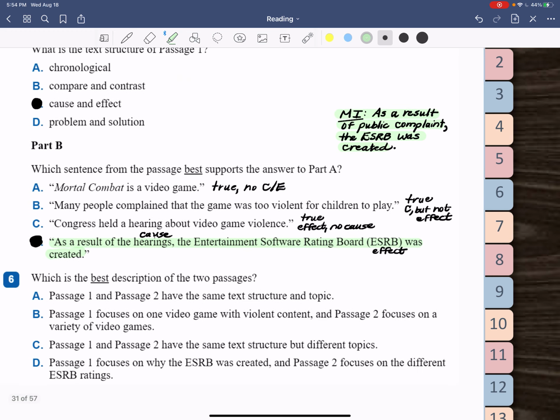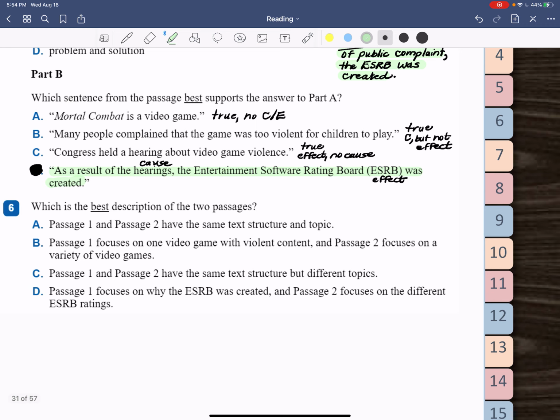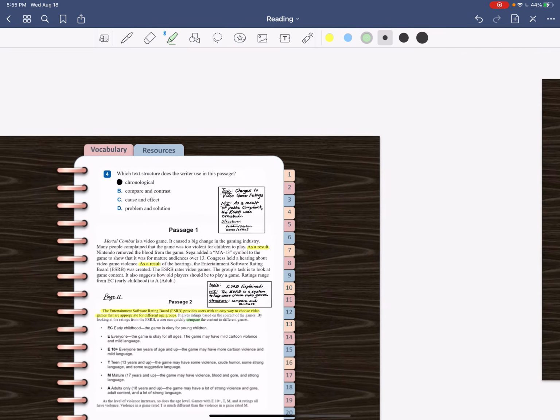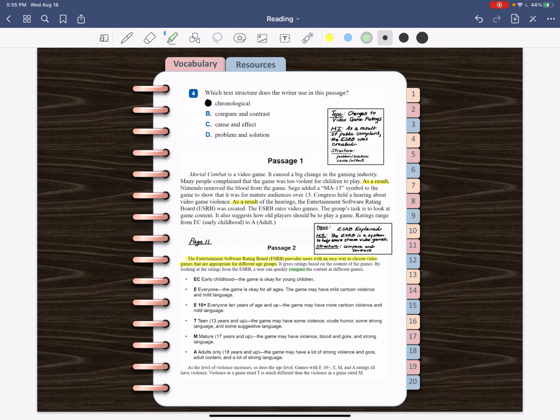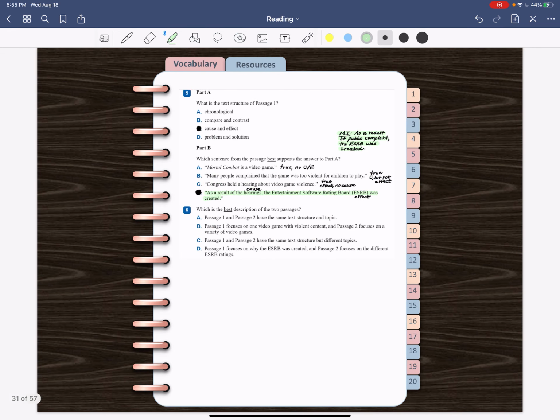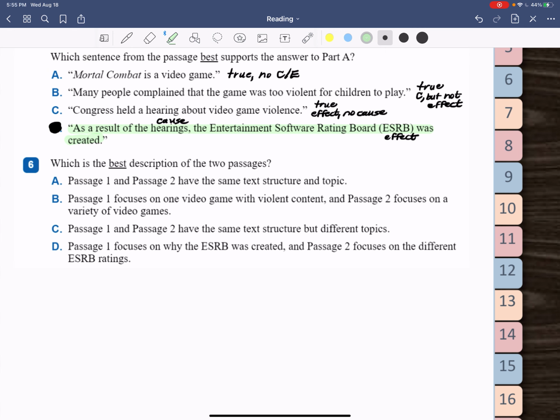And finally, number 6. Which is the best description of the 2 passages? Now let me just jump back a second. These 2 passages. Passage 1 and passage 2 have the same text structure and topic. That is not true.